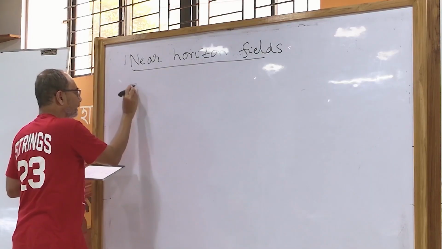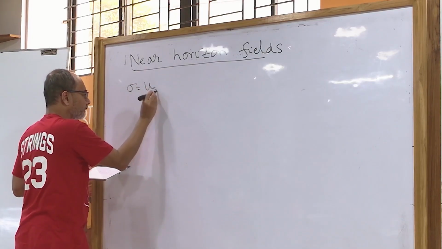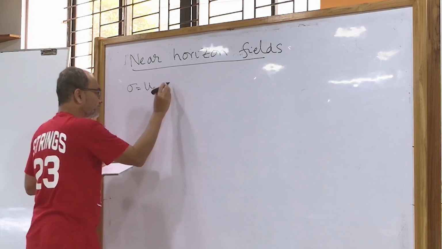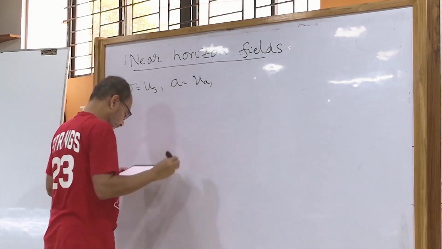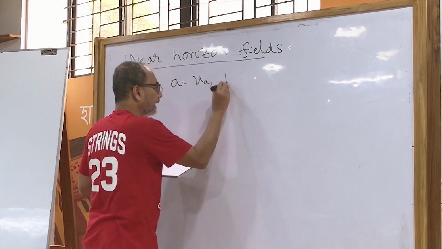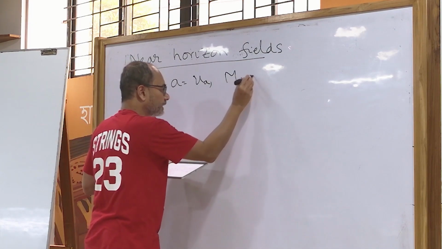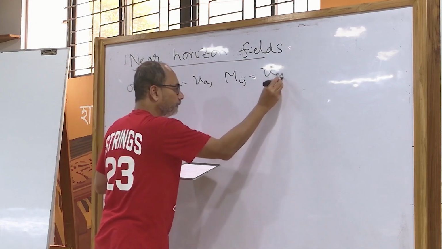So we take sigma as some constant US, A as another constant, let's call it UA, and Mij is a constant matrix, UMIJ.